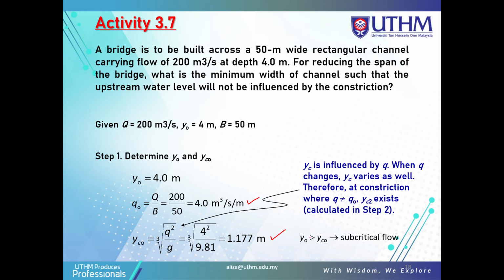So Y naught is more than YC naught here, so this is subcritical. YC is influenced by Q. When Q changes, YC varies as well. Therefore, at constriction, the discharge per width is not based on q naught here, so it is calculated in step 2.